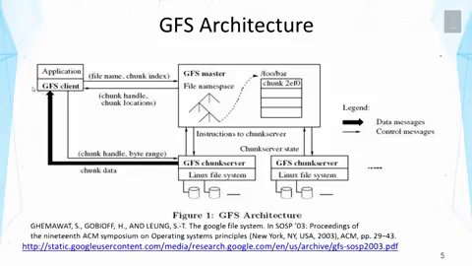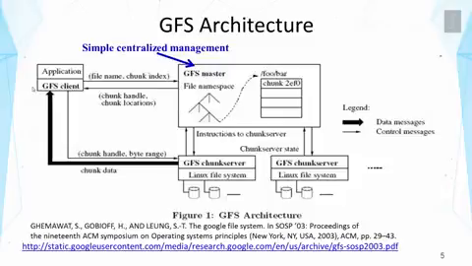So this is the architecture of the Google File System. It uses a very simple centralized management mechanism to manage all the specific locations of files. So it maintains the file namespace and a lookup table to know where exactly each file is stored. The application client would then talk to this GFS master and obtain specific locations of the files that they want to process.